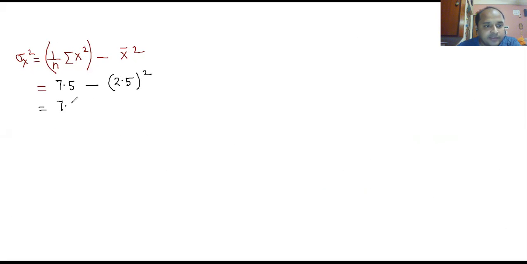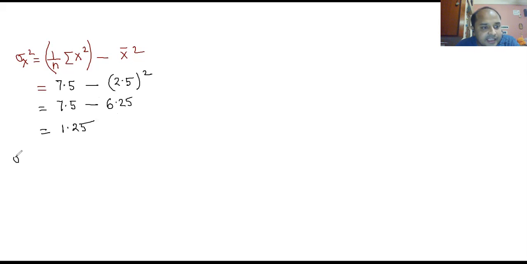So that becomes 7.5 minus 2.5 whole square, that is 6.25. And 7.5 minus 6.25 gives you 1.25.